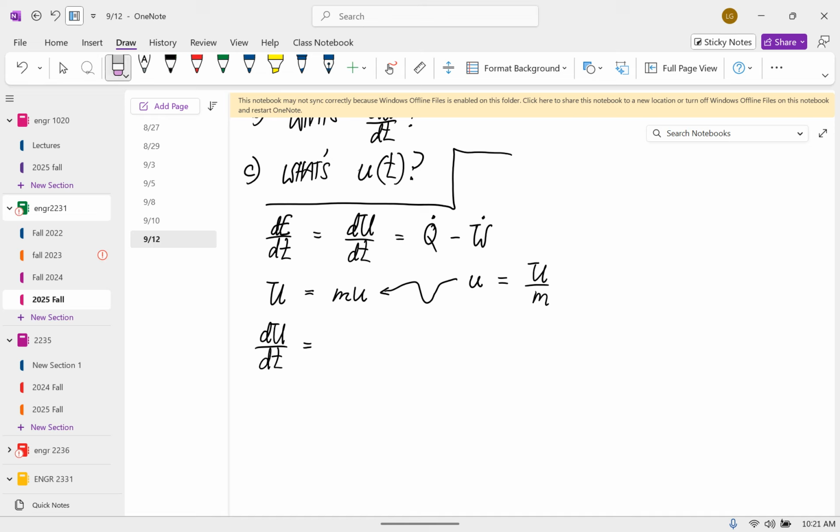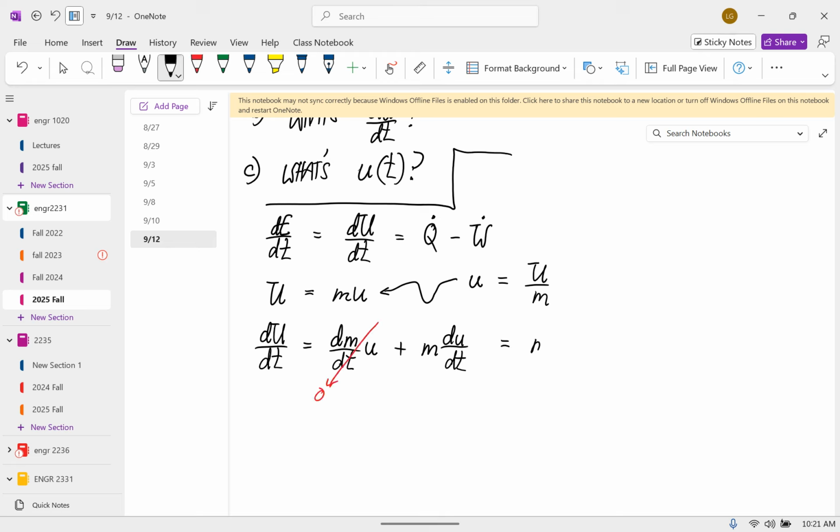If we're being careful about it, this is the relationship. You would have to use the product rule to take the derivative. So you'd get dm/dt times u plus m times du/dt. But m doesn't change in time, so this term goes away.